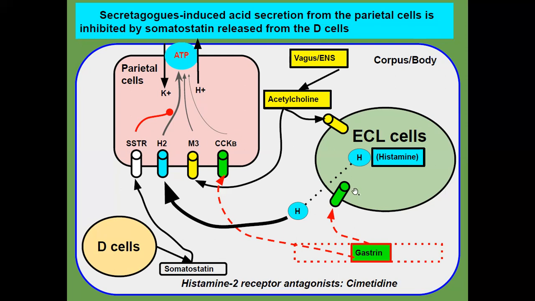Also, the gastrin released from G cells goes into the circulation system and also acts on the parietal cells, binding the CCKB receptors. CCK, cholecystokinin, is actually a hormone released from the small intestine. CCK is involved in contraction of the gallbladder.